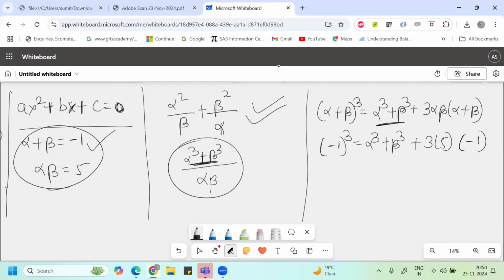So minus 1 का cube would be minus 1 only. Alpha cube plus beta cube that I want. And then 3 5s is 15. 15 into minus 1 would be minus 15. Then if I bring minus 15 this side, 15 minus 1 is equal to alpha cube plus beta cube. So alpha cube plus beta cube is 14.